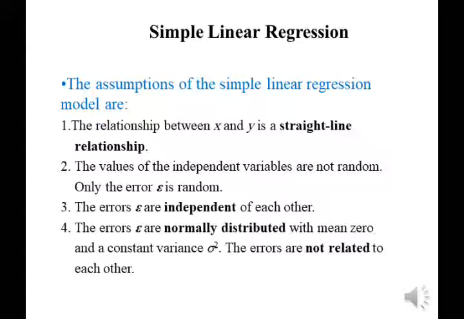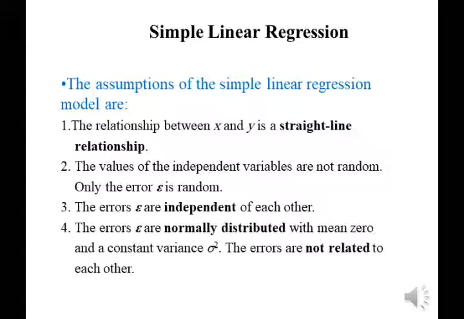So I can say that if no cars are rented, then we expect the revenue to be equal to the value of B naught, also in billion dollars. So basically, this is how you can interpret the linear relationship between the two variables.